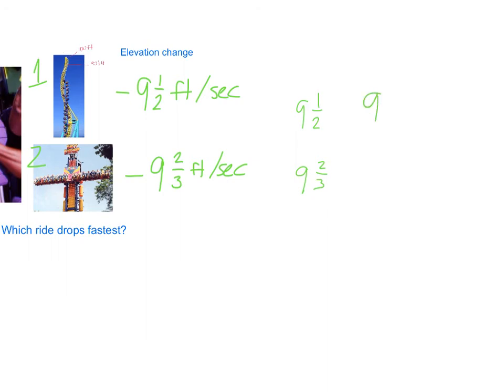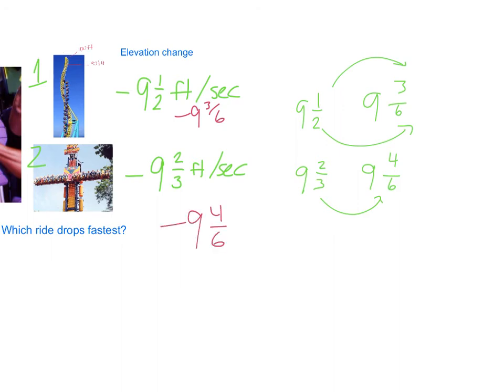It's going to be a 6, so it's going to be 9 and something over 6, and 9 and something over 6. What do you do to 3 to make it 6? Times 2. 2 times 2 is 4. What do you do to 2 to make it 6? Times 3. 1 times 3 is 3. So I'm going to sketch these back in here, and instead of negative 9.5, that's negative 9 3/6, and instead of negative 9 2/3, it's negative 9 4/6.